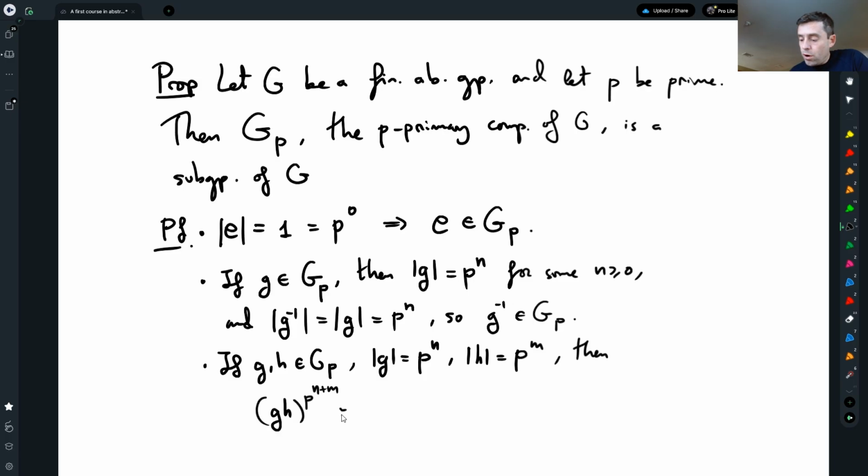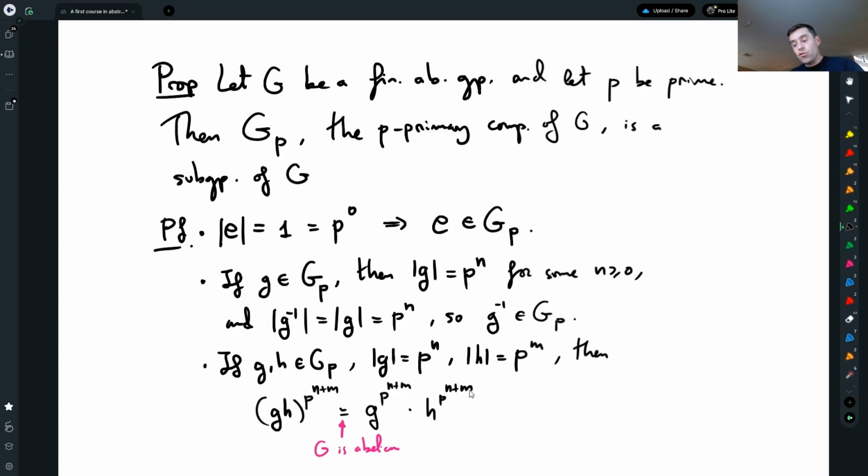Here it is important that G itself is abelian. I can write this as g to the P to the n plus m times h to the P to the n plus m.